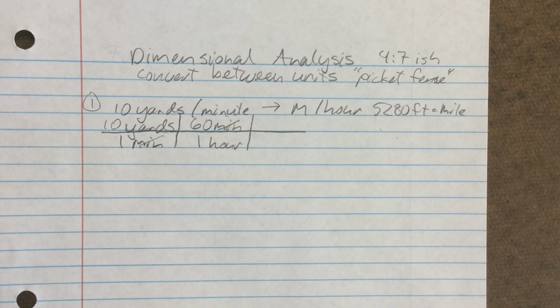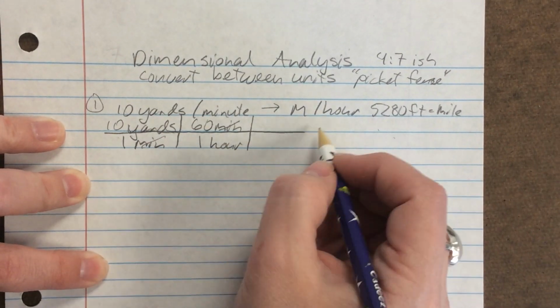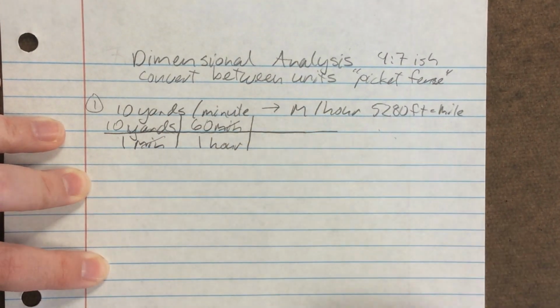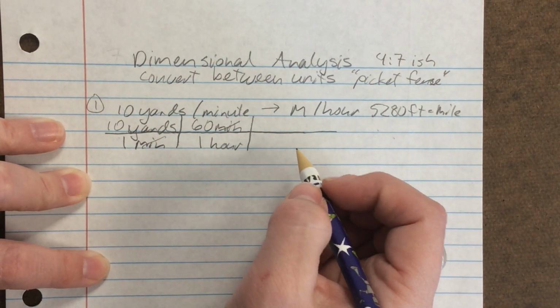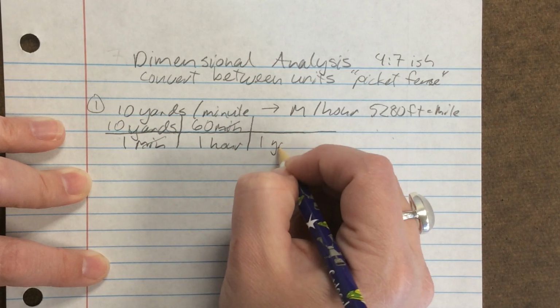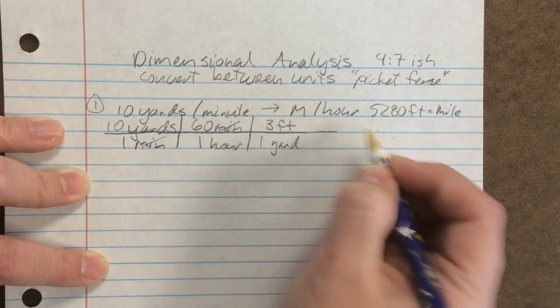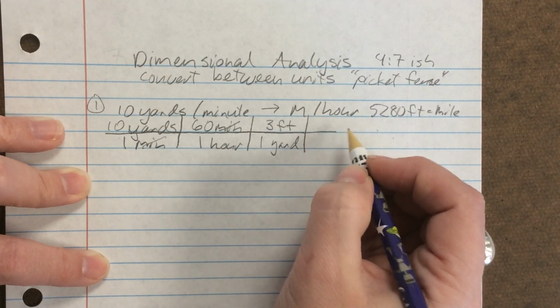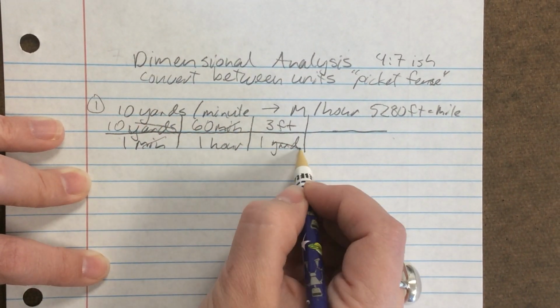We could convert that to how many yards are in a mile, but let's convert yards to feet, and then we'll do feet to miles, since that's the information we have, okay? So in 1 yard, and we've got yards on top, so I'm going to put yards on the bottom. 1 yard, there's 3 feet. You guys feel okay with that? Hope so. Okay, and so now my yards cancel out.